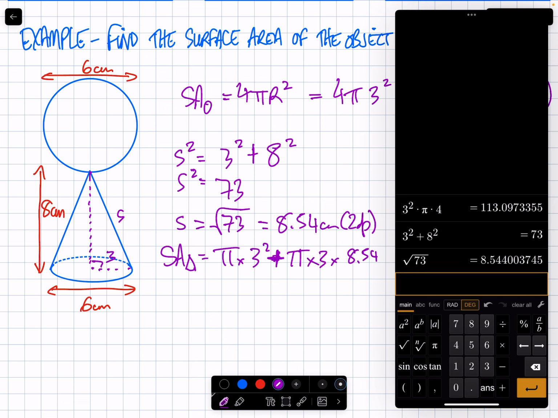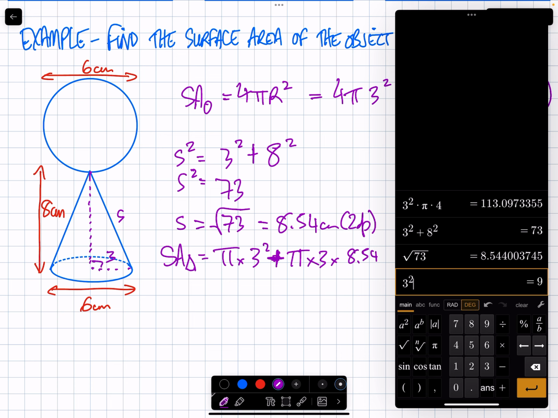Exponent first, 3 squared times pi. So that first part is 28.27 plus, boys, don't distract each other. He's doing something different.